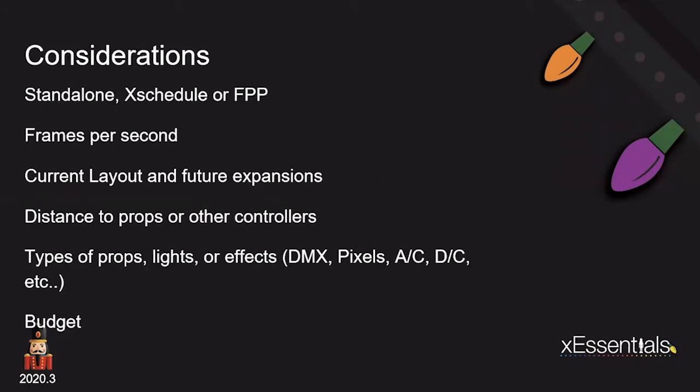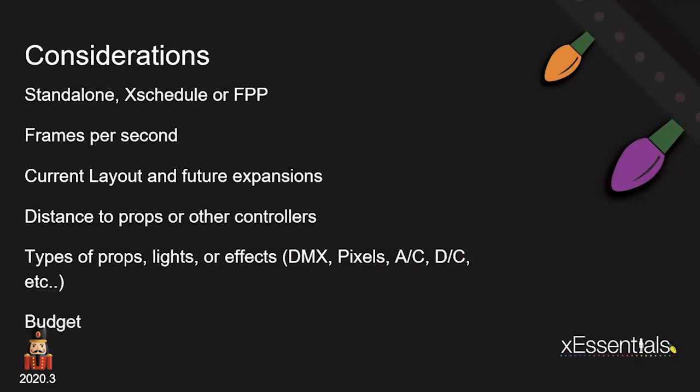Things to consider before you start selecting a controller. You want to know if you want to run your show in Standalone, xSchedule, or FPP. You'll want to know how many frames per second you plan on running your display at. You want to have your current layout and also be thinking about future expansions to your layout.